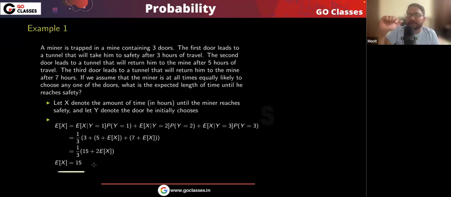In how many trials can we get this expectation? Theoretically, basically an infinite number of trials, right? The expectation is defined like this only. So if you try large enough experiments, then you will be getting 15 as an average, right?